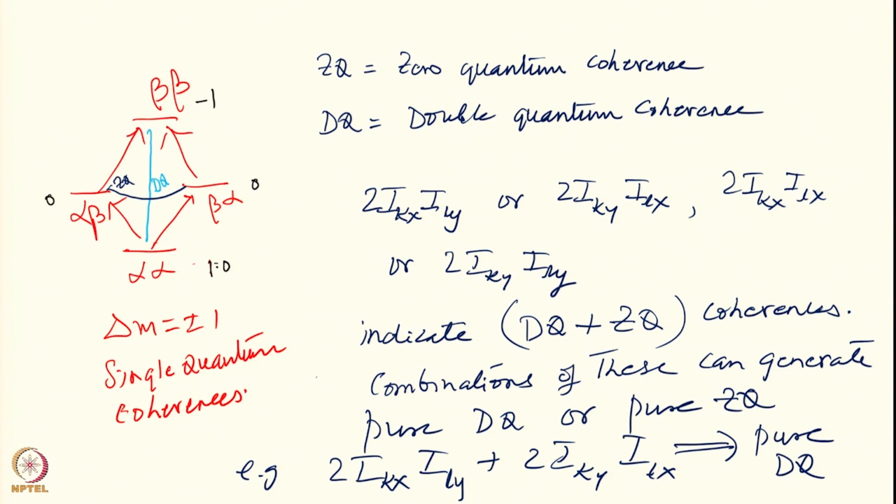So, such kind of combinations are possible. You will generate pure double quantum or zero quantum or mixtures of double quantum and zero quantum, or in general multiple quantums. These are called multiple quantum coherences.